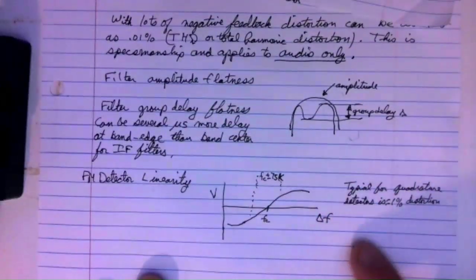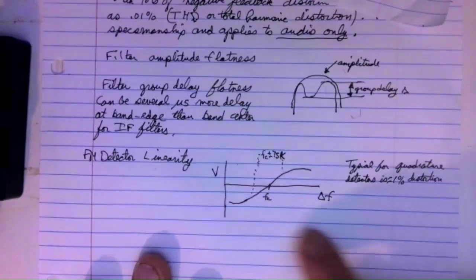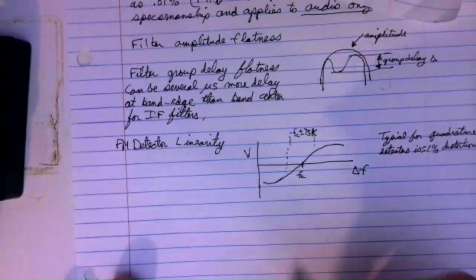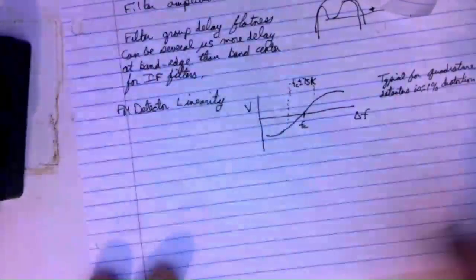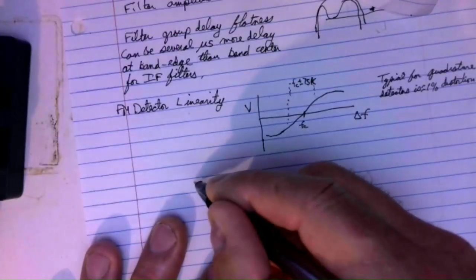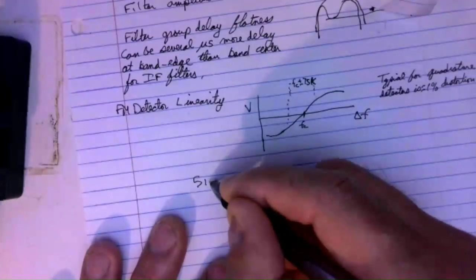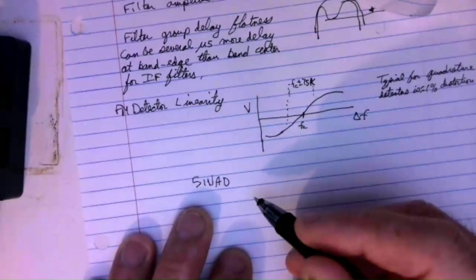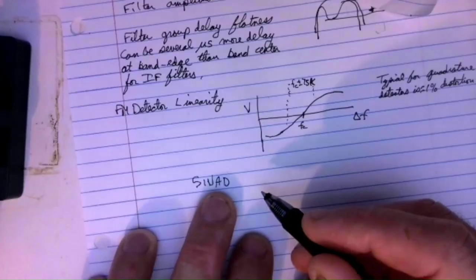Now, I think that's about all I wanted to say on distortion, except maybe just one more thing. There's a spec that you wouldn't see on consumer equipment, but it's SINAD. I just want to mention this: SINAD. What does that stand for? It stands for signal to noise plus distortion.